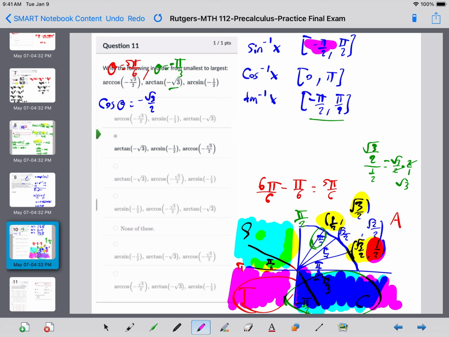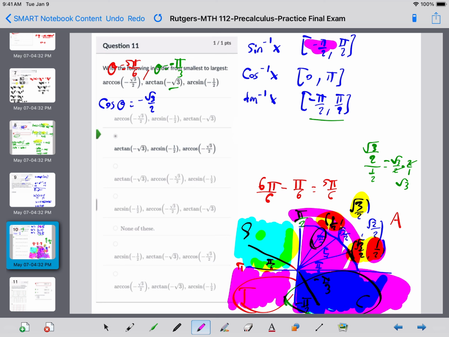Sine is from negative pi over 2 to pi over 2, so that's from here to here. So it would only be in quadrant 4 then. So we said it was going to be reference angle pi over 6. You could just subtract pi over 6 from 0, because we're going clockwise now. Negative pi over 6. Alright?